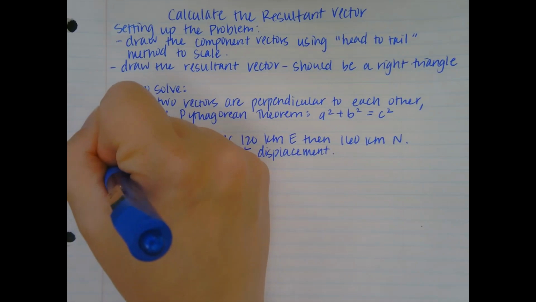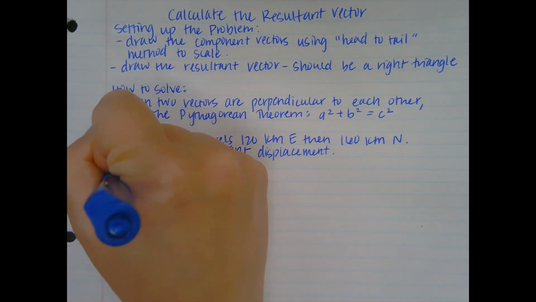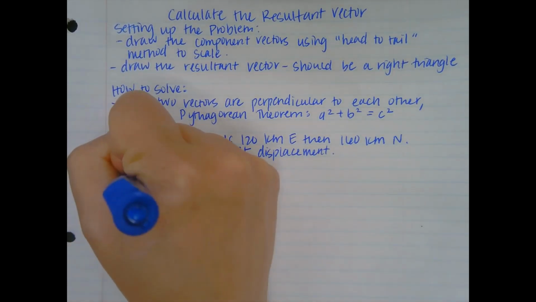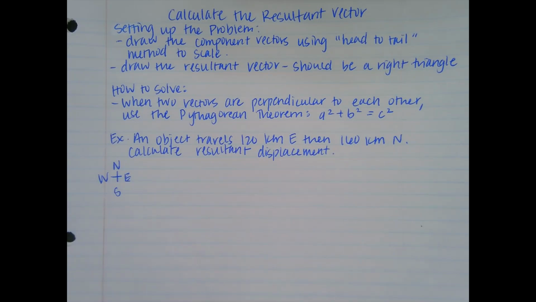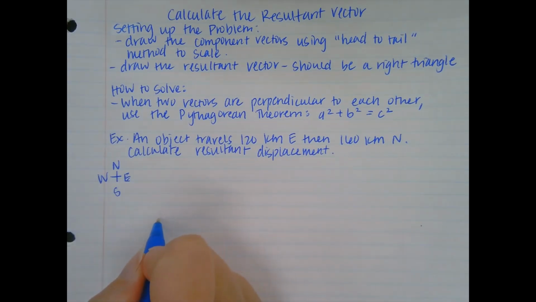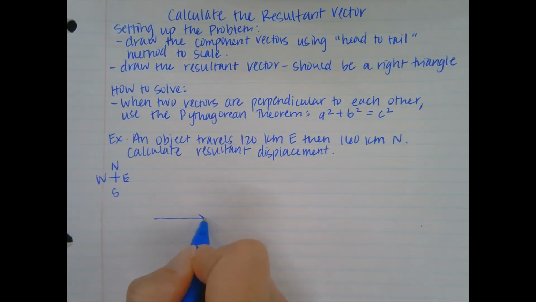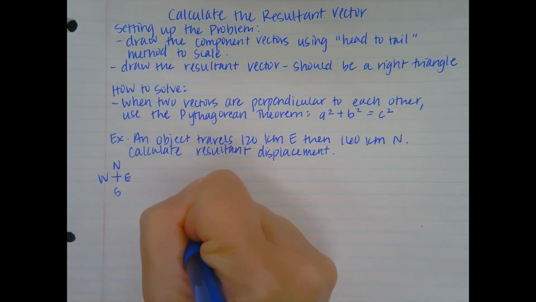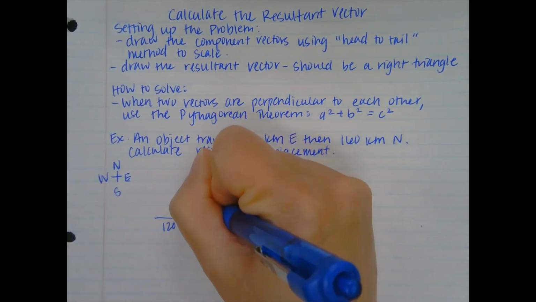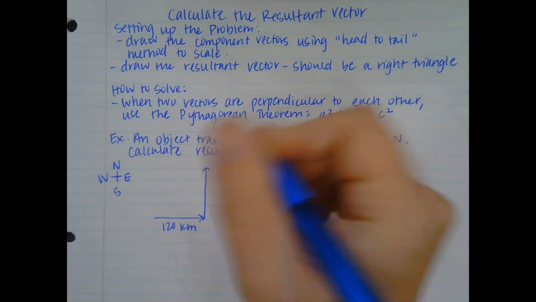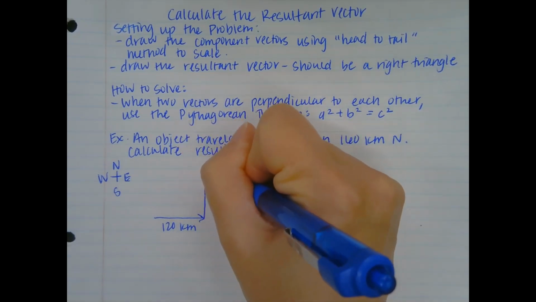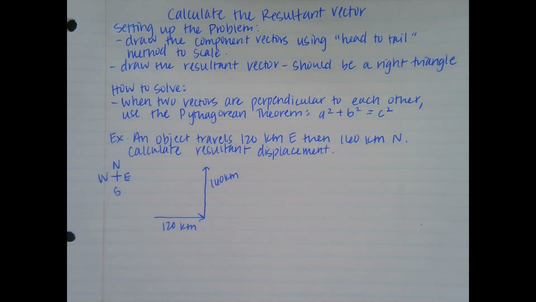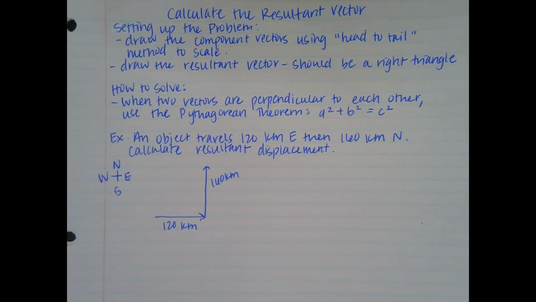So first things first, we have north, south, east, west, and then I'm going to draw 120 kilometers to the east, 160 kilometers to the north, and now I know that that is a right triangle that I can make here because these two vectors are perpendicular.